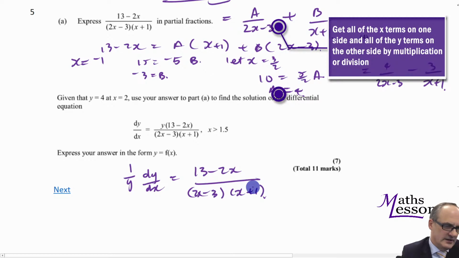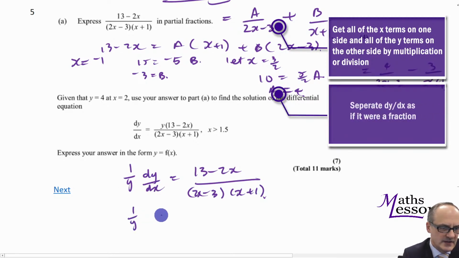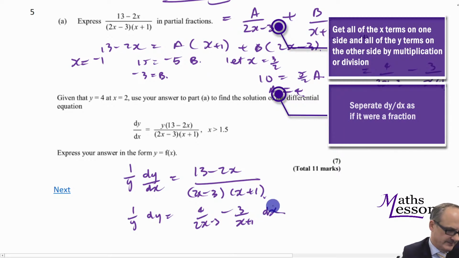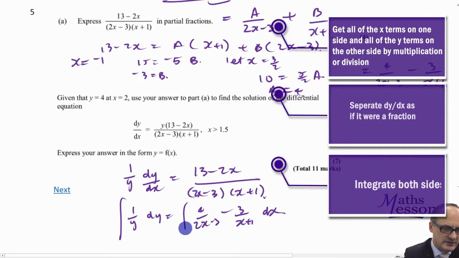There we go. And next, we're going to separate our dy by dx out like a fraction. And while we're at that, we may as well put this into its partial fractions. That'll save us some space later. We get our dx over here. And last but not least, we are going to just put our integrals in.